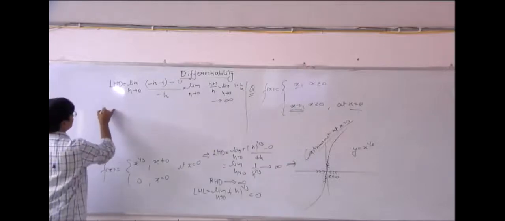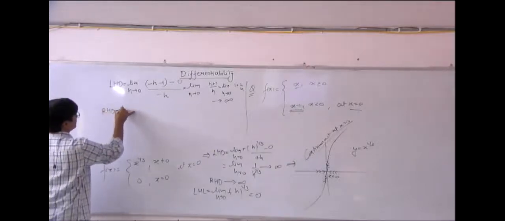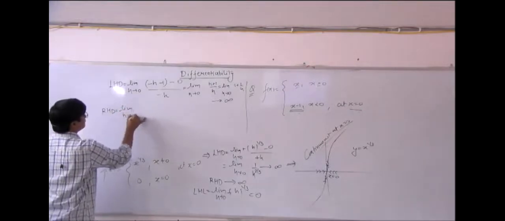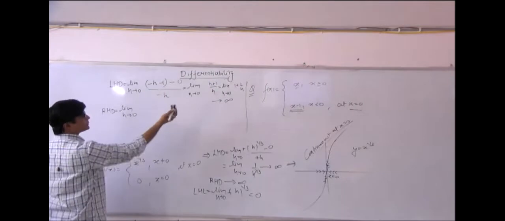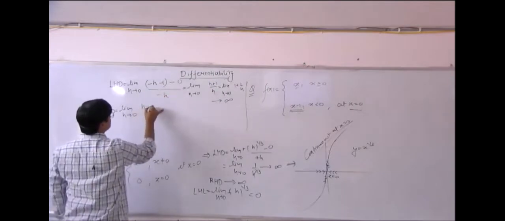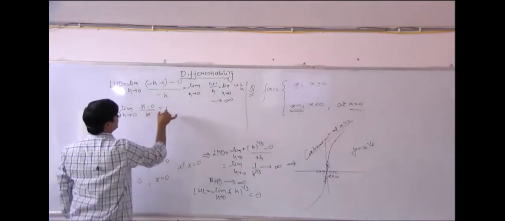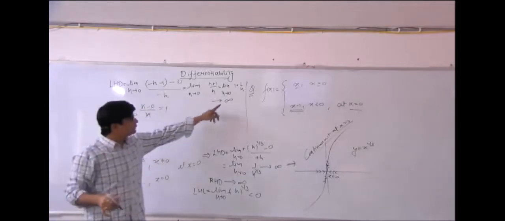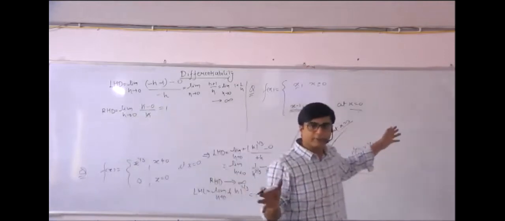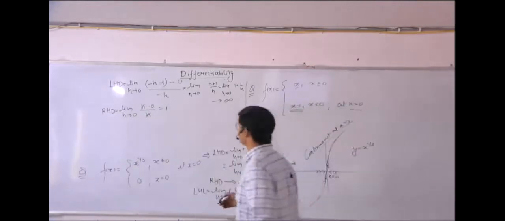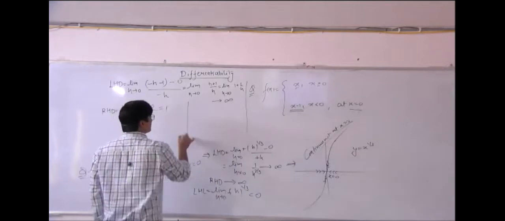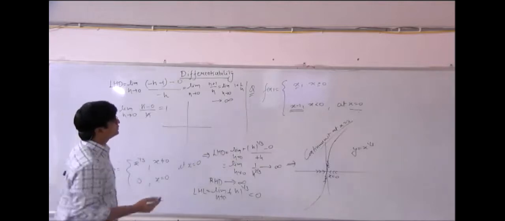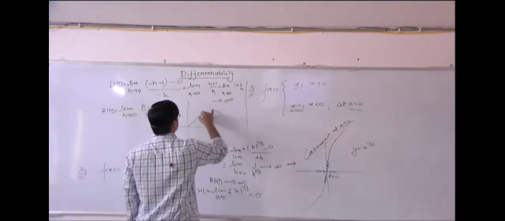Right hand derivative, if I take the limit h tends to 0, it will come out to be 1. F of 0 plus h, that first definition, h minus 0 divided by h, is 1. Now again here, one limit is tending to infinity. So let's see its curve. As x is greater than or equal to 0, it will be x only, so this is the line.